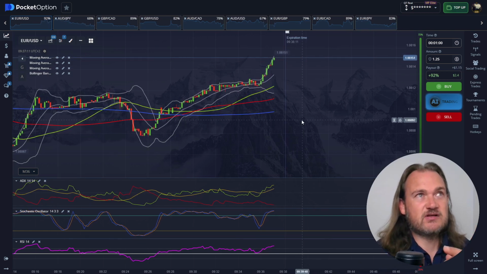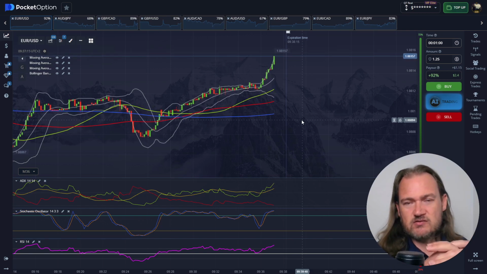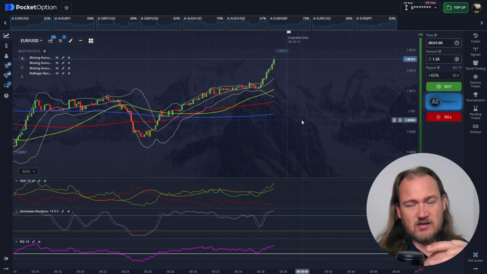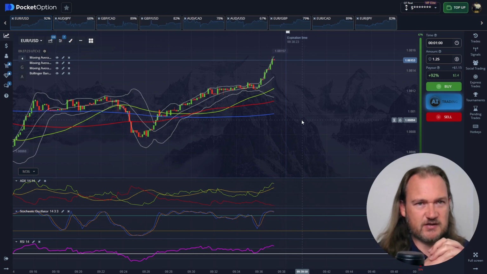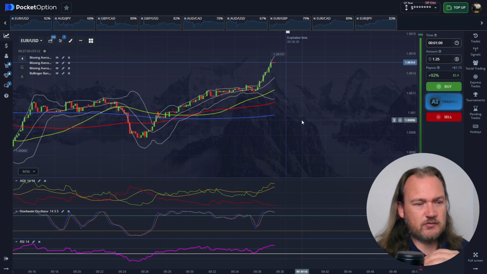Nobody's actually ever been able to give me a strategy that gives you that trade frequency. And the strategies that I've seen people use are 50-50 at best. It's really close to 50-50, right? Which is not profitable.